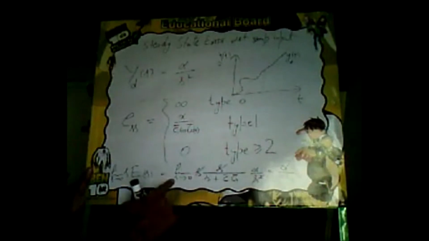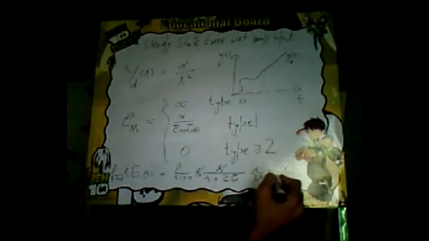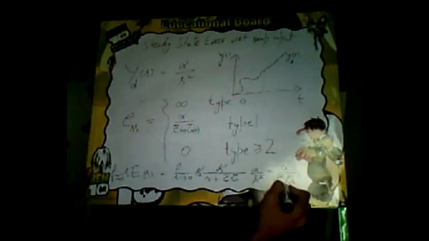These two s cancel with the s square, and the remaining s will go to 0 because this limit will apply. So this will be alpha over c bar g bar, which is what I have written here: c bar of 0 and g bar of 0, because we have applied the limit s approaches 0. I hope this is now clear.